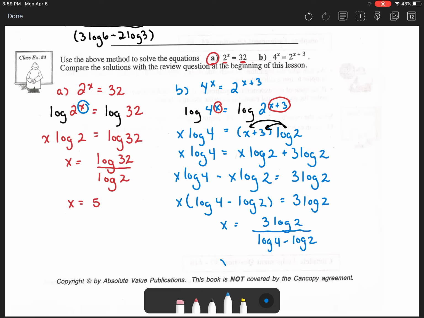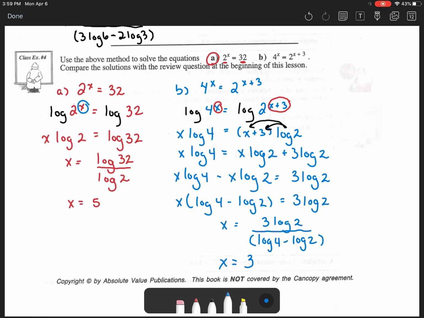You've isolated x. What I can do then is put this whole expression into my calculator to see what happens. So 3 log 2 divided by, and remember, brackets around everything in the denominator, log 4 minus log 2, and x is equal to 3.